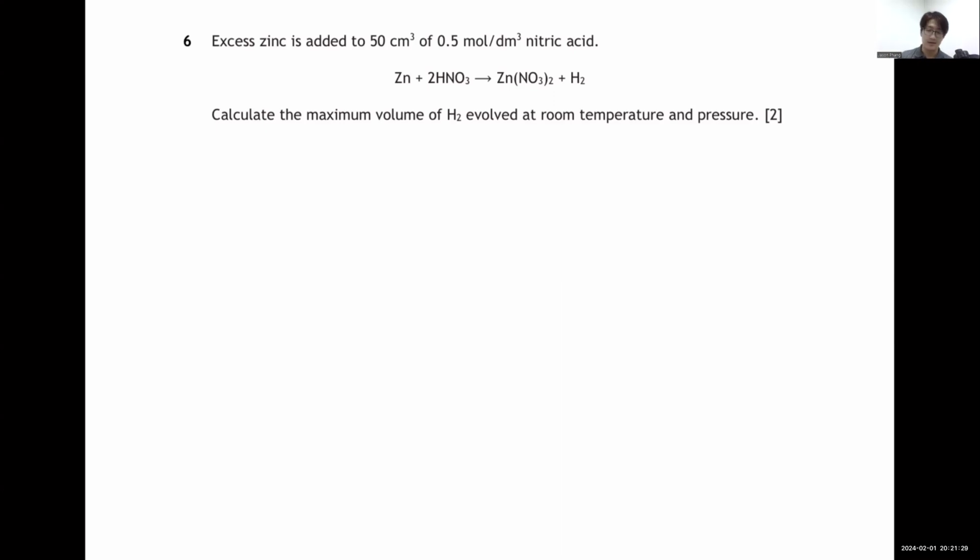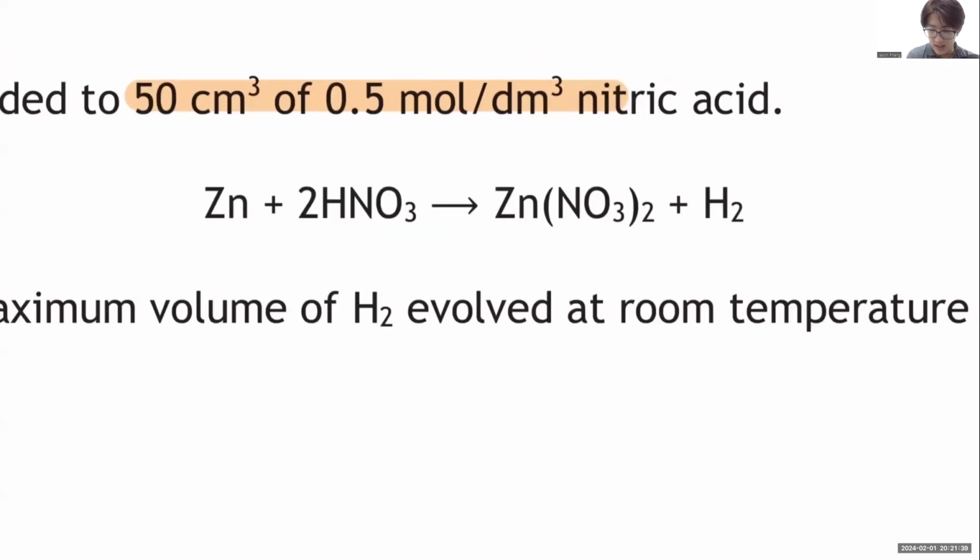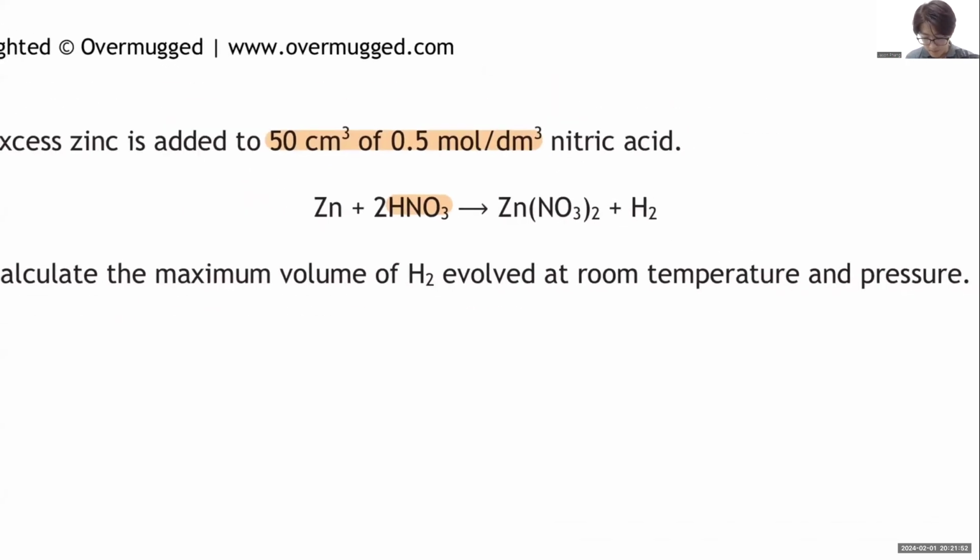Hang on. First step is what? Yeah, we color code. These two numbers belong to who? Of nitric acid. Question asking for hydrogen gas. How? I only got info of this one.